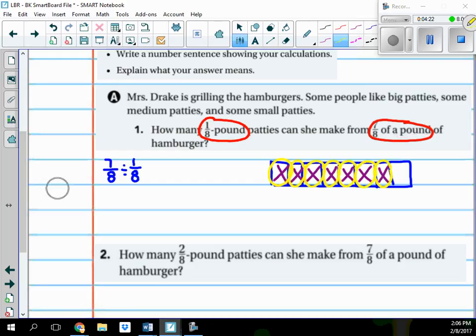So I circled 7 of these pieces right here. And I was just counting by 8s as I was doing that, but each of those 8s represents one hamburger. So I'm going to have a total of 7 patties.